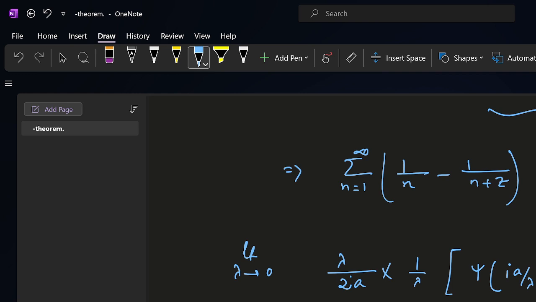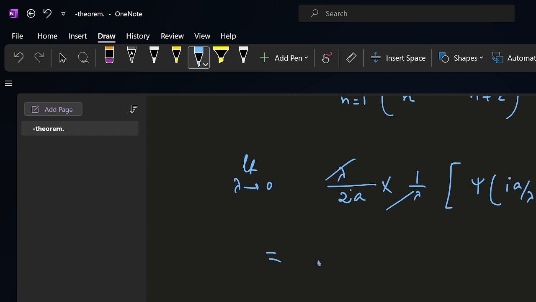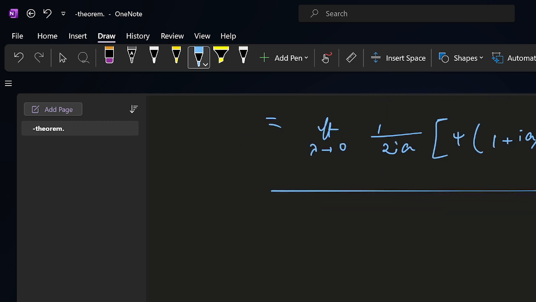So this gamma and gamma cancel out and you have only terms left as 1 by 2ia psi of, now look very carefully that you have already gotten rid of the summation towards the n tends to infinity part. So that was a headache. That part has already been replaced in the functional form of digamma.